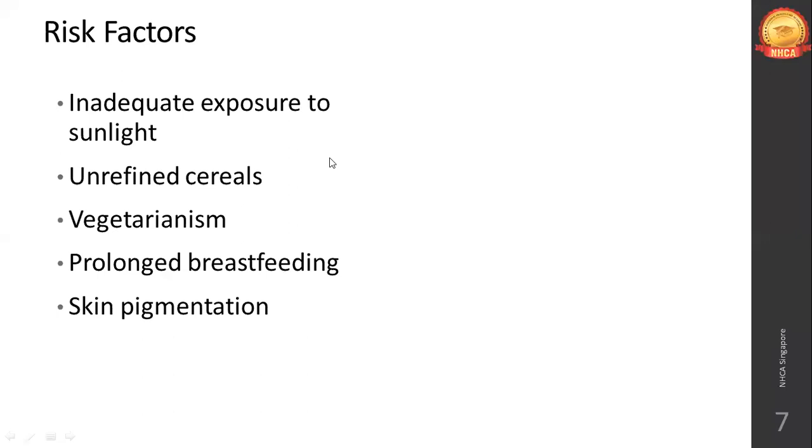Let's speak of skin pigmentation. People who have dark skin have a lower synthesis rate of vitamin D as compared to people who have light skin. Light skinned people need to be under the sun for only a few minutes.